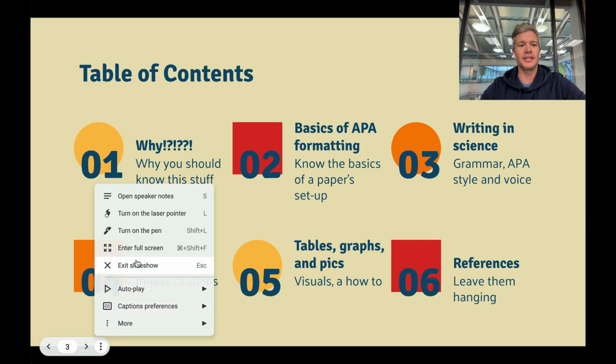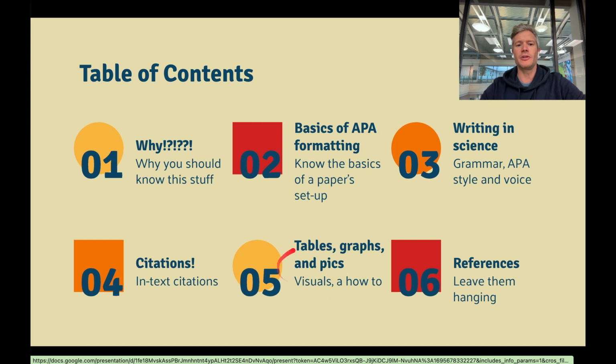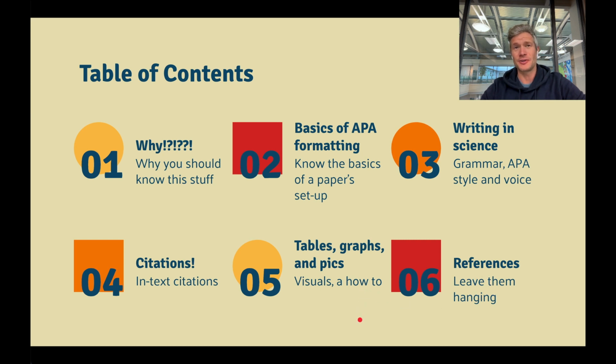Again, I'd really say that understanding the in-text citation component for your papers, assignments, and presentations will probably be most important because there's a lot of different methods to do that, but one preferred style for the sciences and applied sciences. Then we'll look at some tables, graphs, and pictures, any other visuals that you might need to use. And then finally, and certainly not least, your references or reference page.